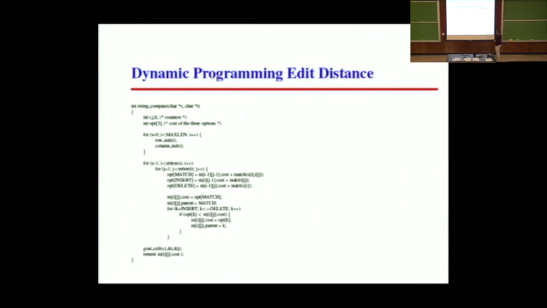Match is going to pay either 0 or 1, depending upon whether those characters are the same. Or I might end on an insert, in which case I pay whatever the cost of inserting that character is, presumably 1. Or I pay the cost of a delete, which was this. I am now going to take the min, in somewhat of an ungainly way, of these three things, and that is going to be what the cost of it is.